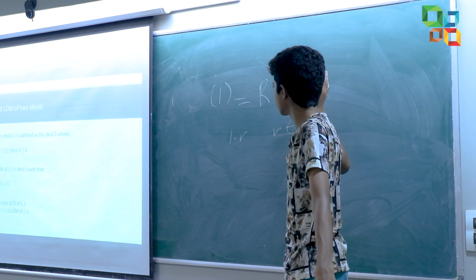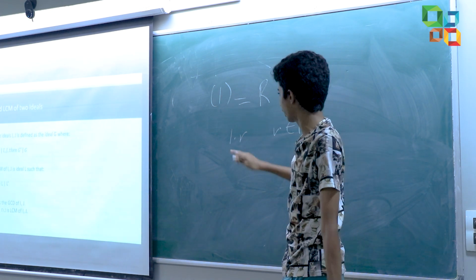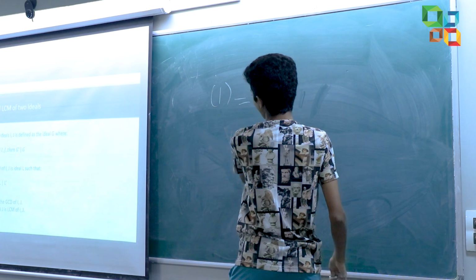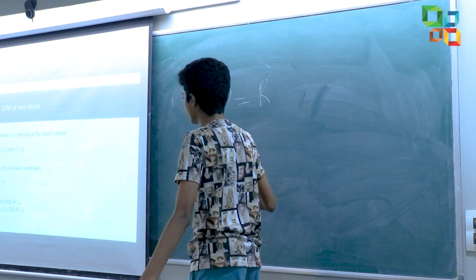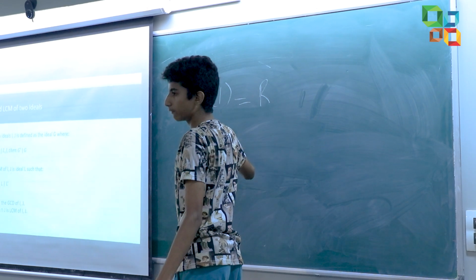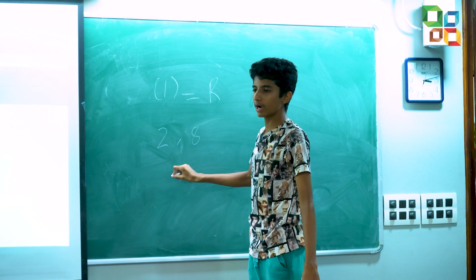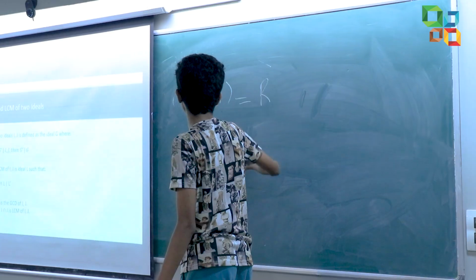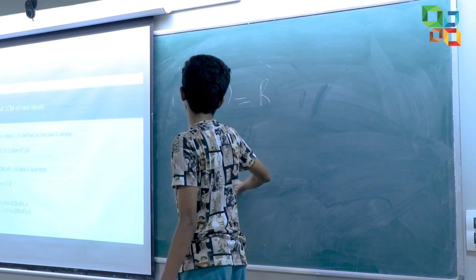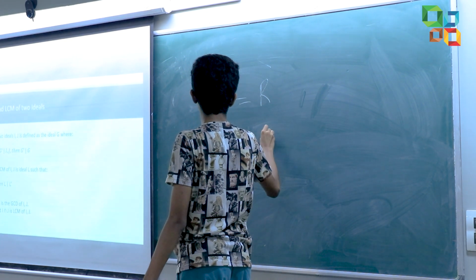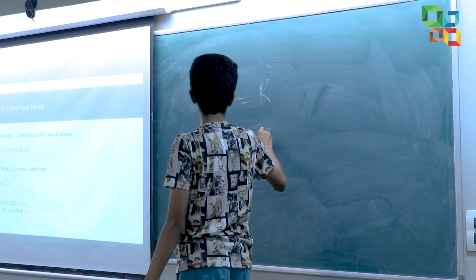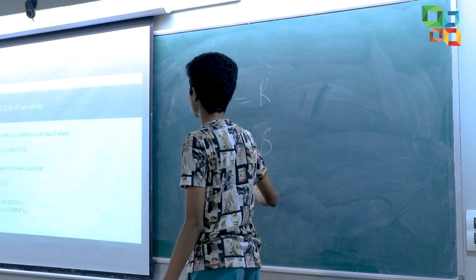So the whole set R is only the same ideal. So G is not equal to R. It's the same as saying you have GCD of 2 and 8. GCD of 2 and 8 is not 1.